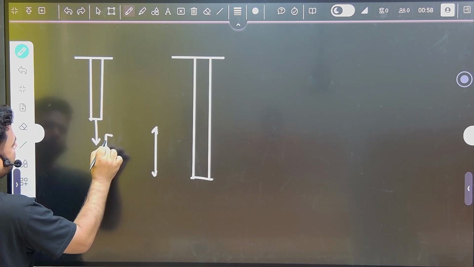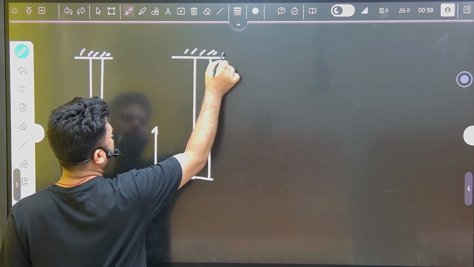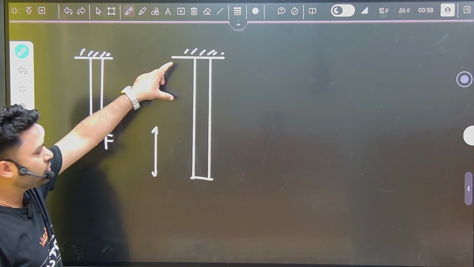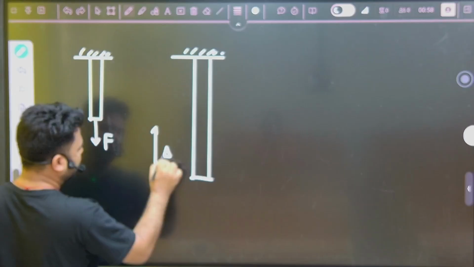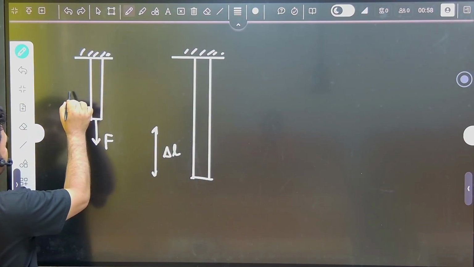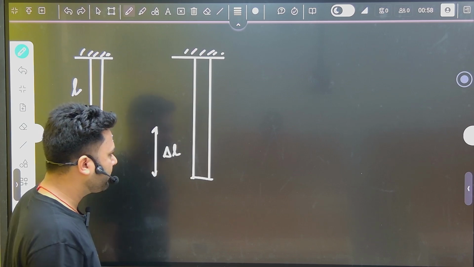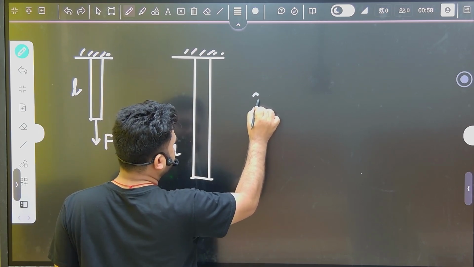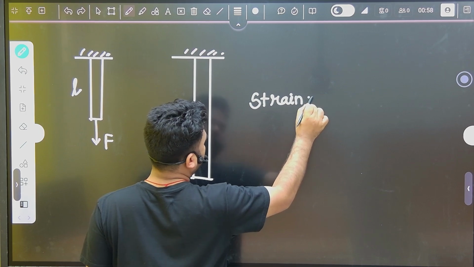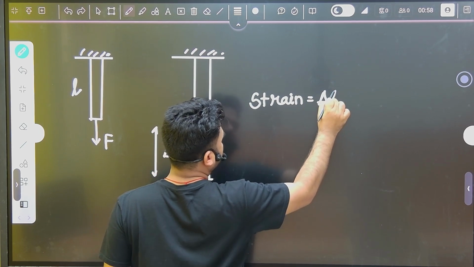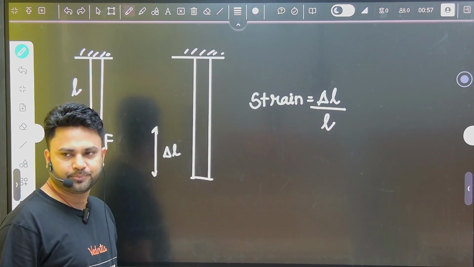So when you applied force F, the length of this rod increased. Suppose this increase in length is delta L, and the original length of the rod was L. Correct. Then they defined another term as strain. What is strain? How much length is changing? Change in length divided by original length.